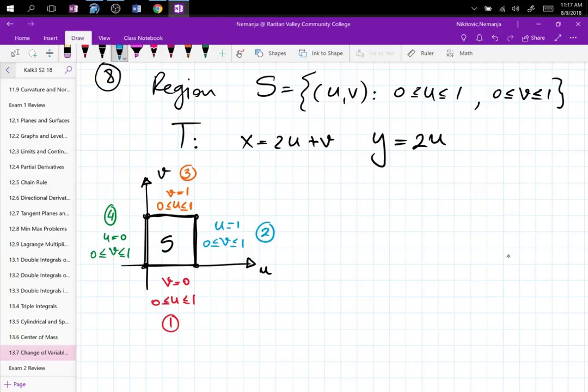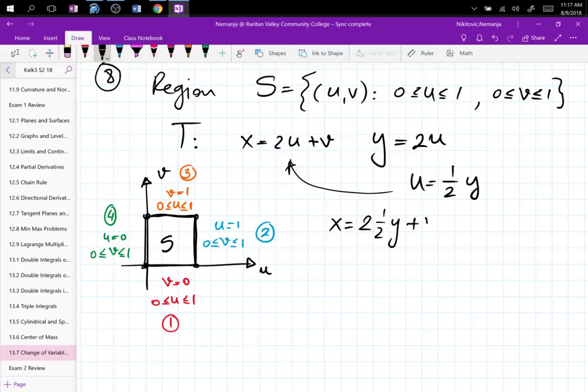You just go and transform this y, so u is equal to 1/2 y, and then you plug that in here. So now you get your x equals 2 times 1/2 y plus v. This dies, from where v is equal to x minus y.